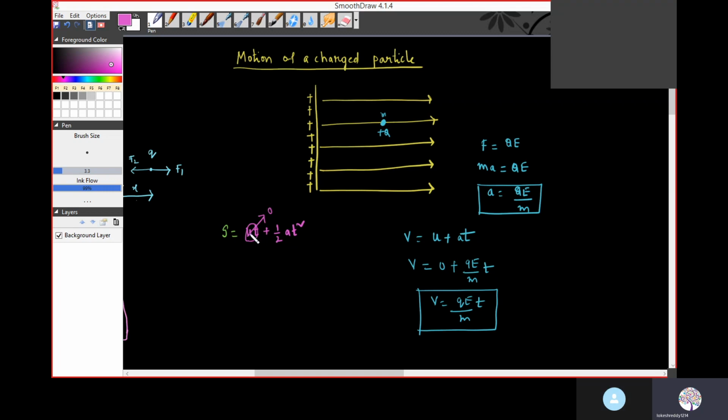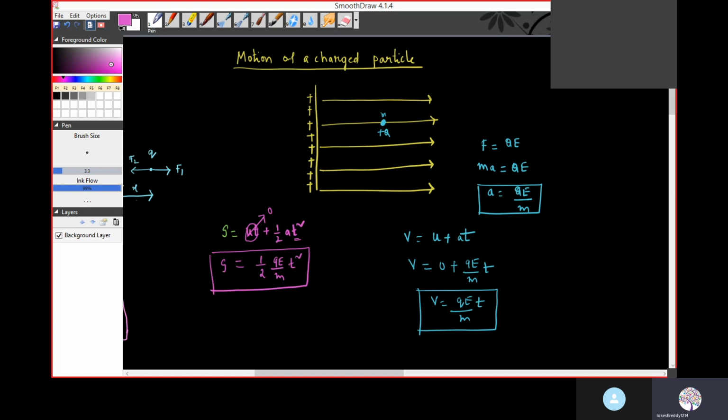Or else if it has some initial velocity, then you have to write ut also. So half into qE by m into t square. The a value is qE by m, and t square is this.